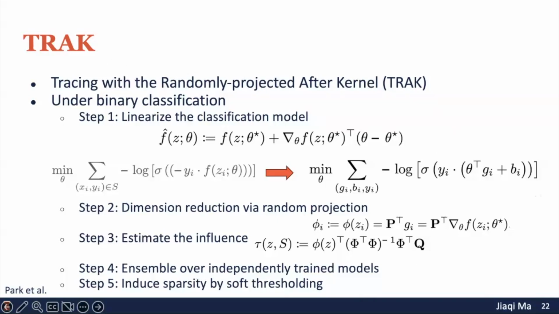What makes this whole method much more effective than influence function is the additional tricks: dimension reduction, ensemble, and sparsity. Furthermore, in their ablation study, the contribution of sparsity is relatively minor. The most important ones are dimension reduction and ensemble.